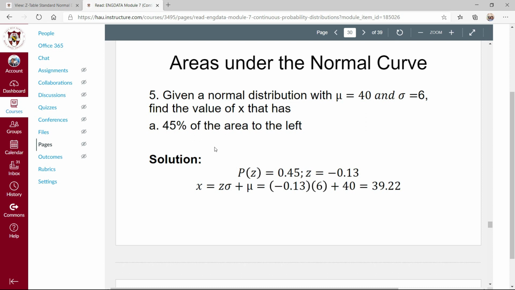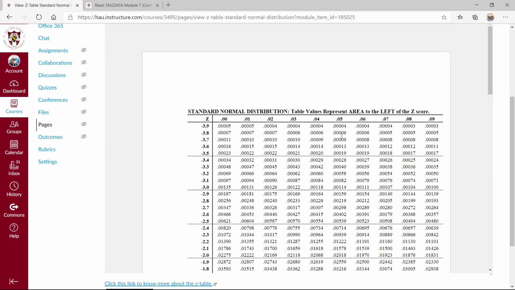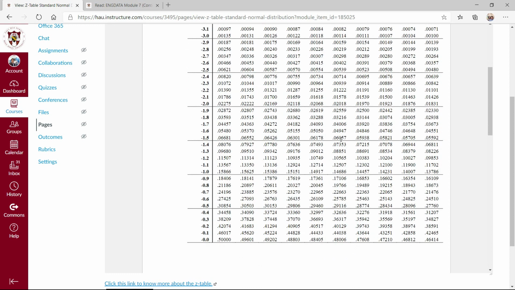Okay, so the probability of our z-score is given as 45%, where the probability is 0.45. Let's look under the normal distribution table.